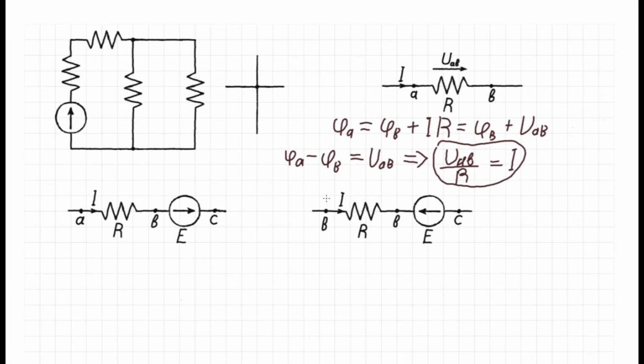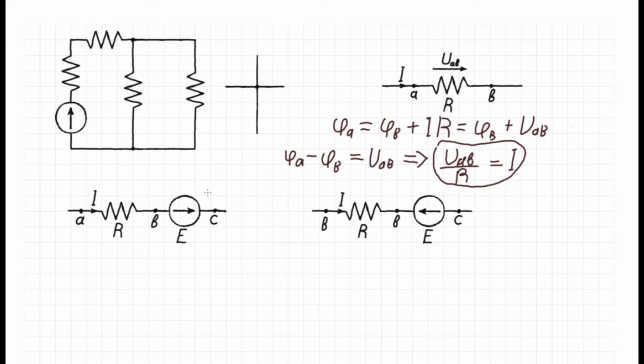And the next part of our lesson: a segment which consists not only of a simple resistance but also an electromotive source, designated with the letter E, as in the next picture.